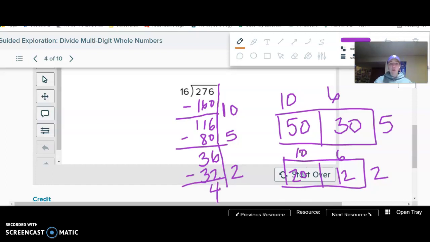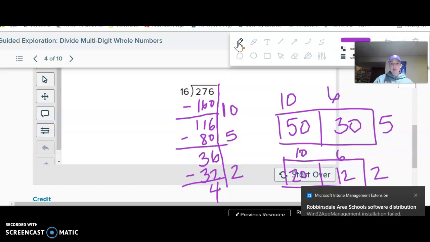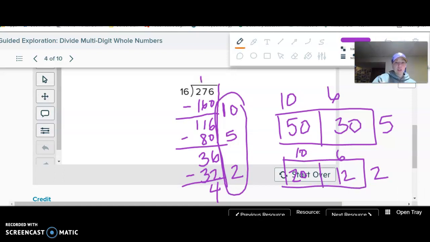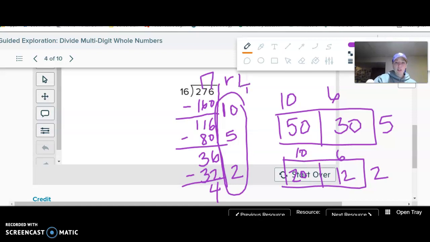Now I just have 4 left. I can't fit another group, so I know that's going to be my remainder. So 10, 5, and 2 is 17, which is my quotient. Remainder 4 as my answer. So 17 remainder 4 is what I would get.